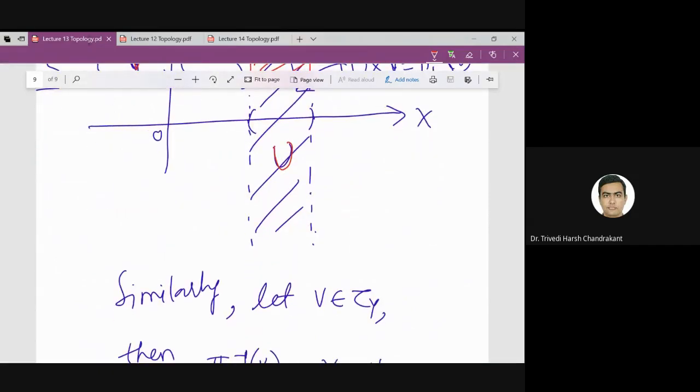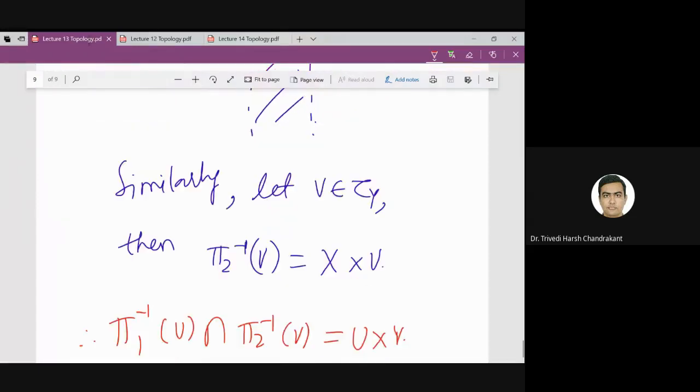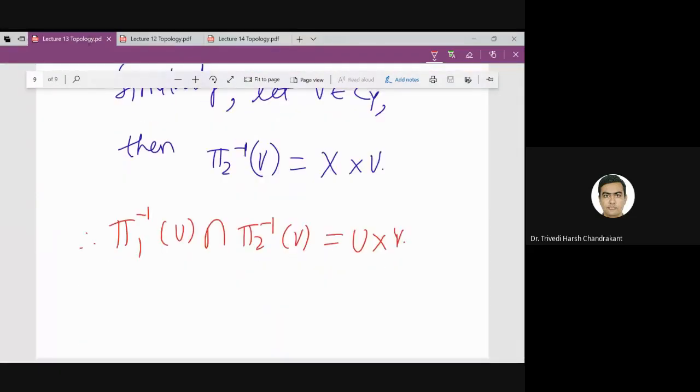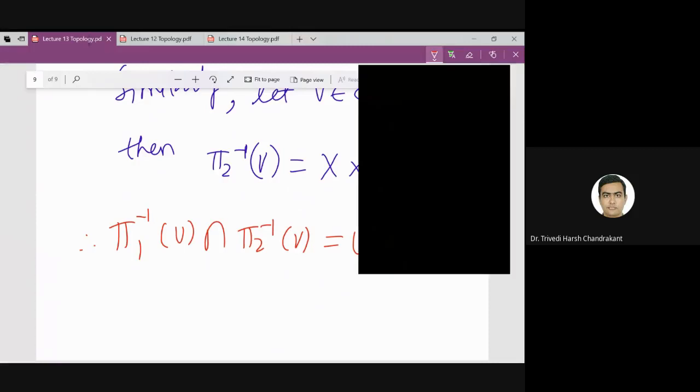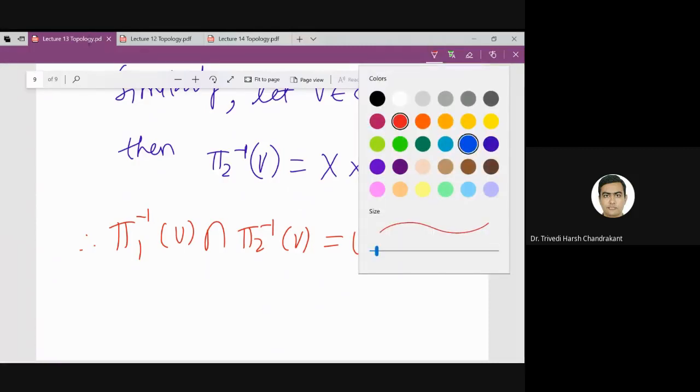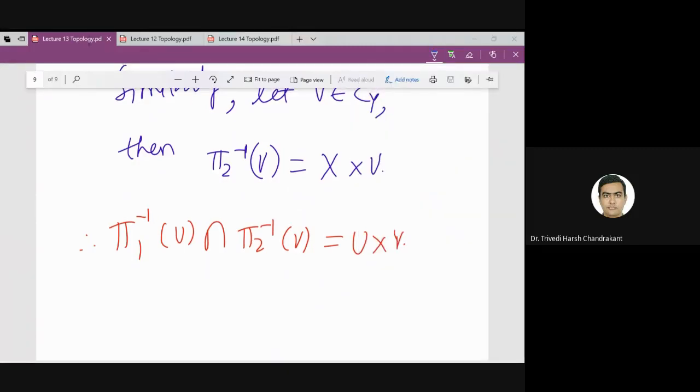Okay, so this will lead us to one simple result. For subbases we did not discuss many results, so this is one of the important results. Let me go to the next file.